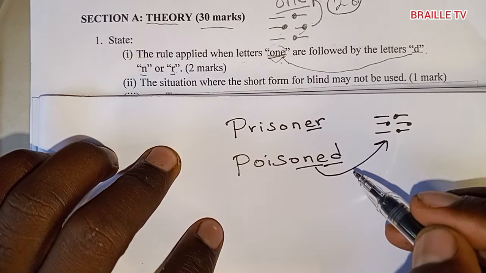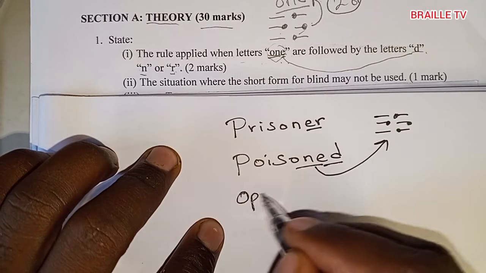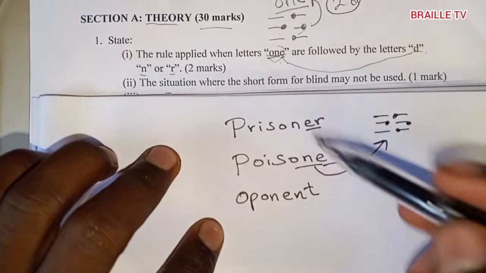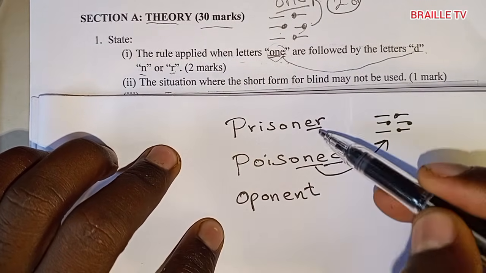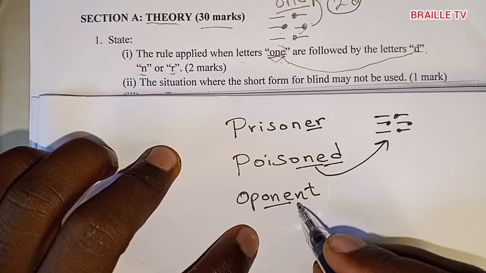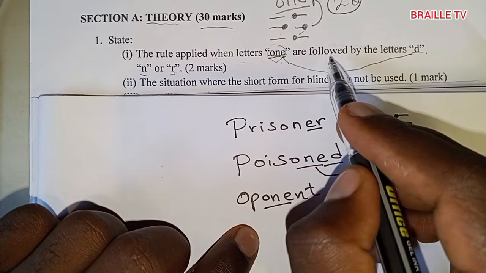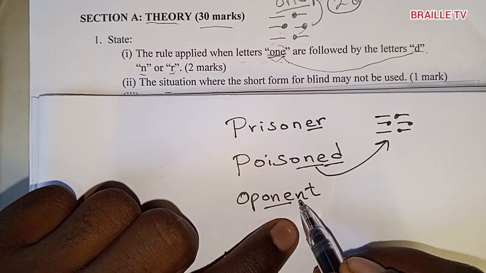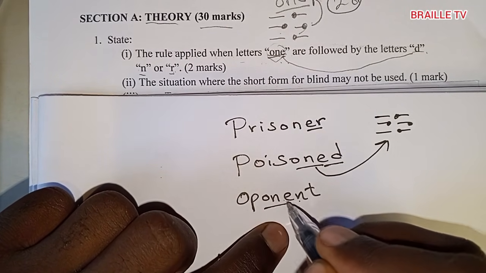So the last example is the word opponent. Remember we are looking at D, N, or R. So we have another one here, but it's followed by N. So if it's followed by N, do not contract one.